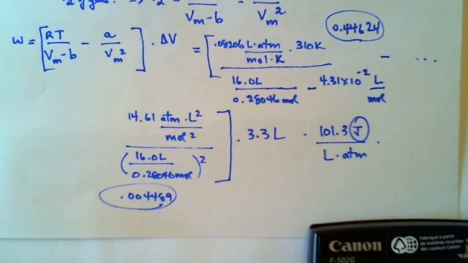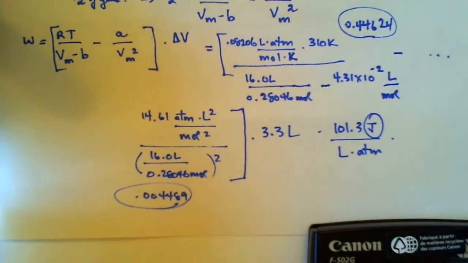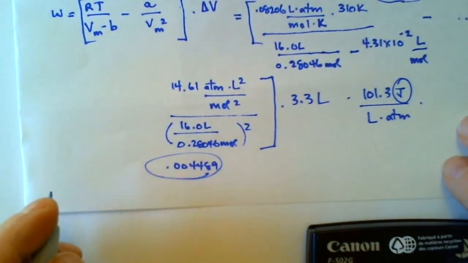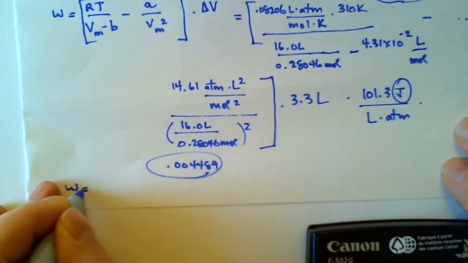I am now going to multiply that by the 3.3 to get 1.45. Not very much work, but that's liter atmosphere, and then multiply by 101.3 to get my final answer for work. Hopefully you have the same thing. Hopefully I've done this correctly.